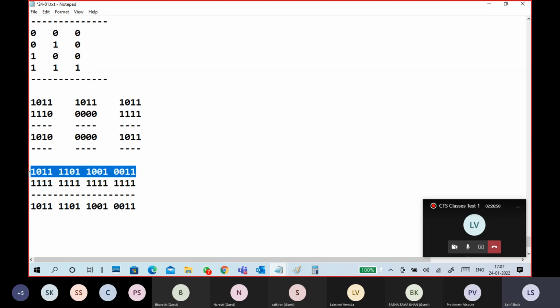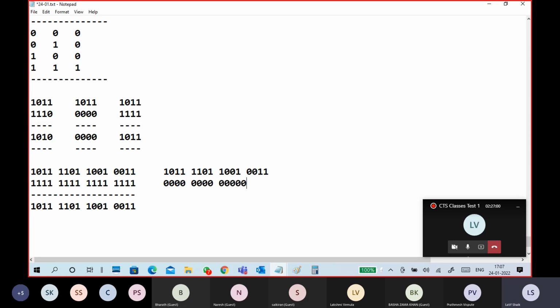On the other hand, even if you take a big input and all are zeros in the other column, when you calculate, no need to think, the output is all zeros only. So this is how to calculate the AND gate.